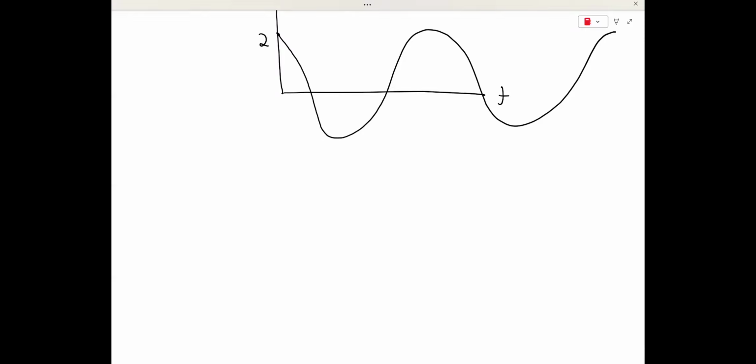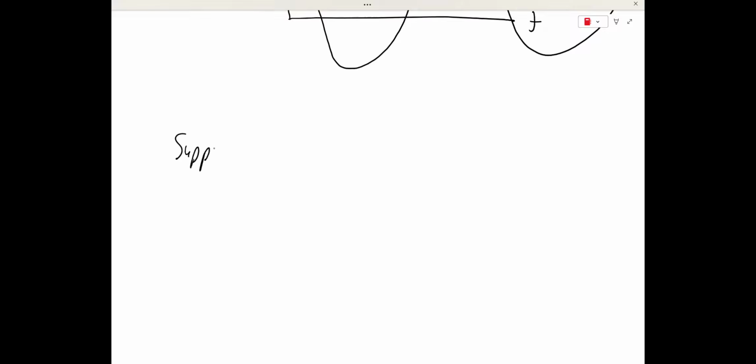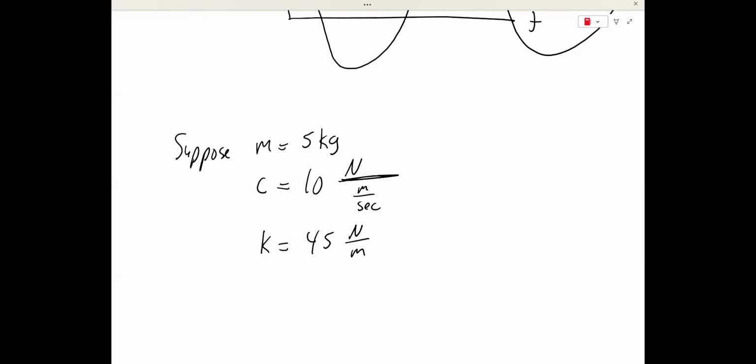Okay, on to the next one here. Let's say now, suppose M is equal to 5 kilograms, C is equal to 10 newtons per meter per second. K, that's the spring constant, is 45 newtons per meter.